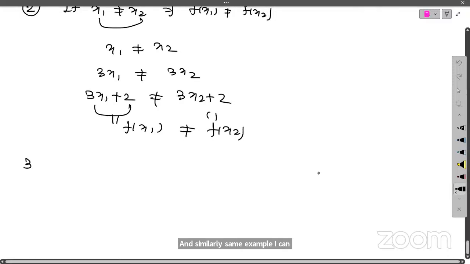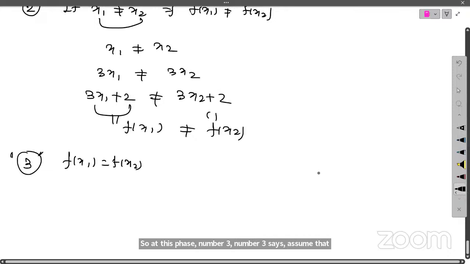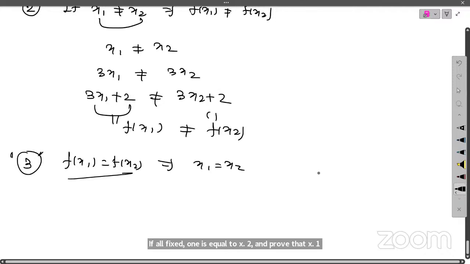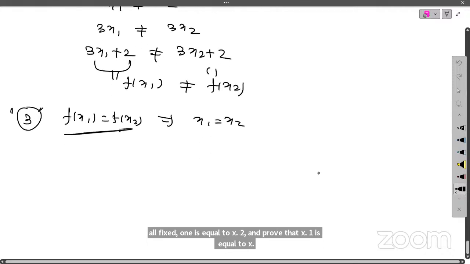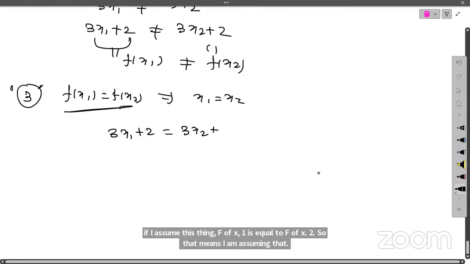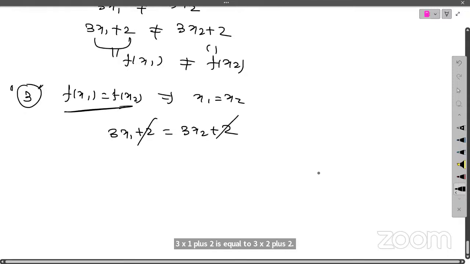So what does phrase number 3 say? Phrase number 3 says, assume that f of x1 is equal to f of x2, and prove that x1 is equal to x2. So if I assume f of x1 is equal to f of x2, that means I am assuming that 3x1 plus 2 is equal to 3x2 plus 2. Right, now 2 and 2 will get cancelled out. That means 3x1 is equal to 3x2, and that means x1 is equal to x2.